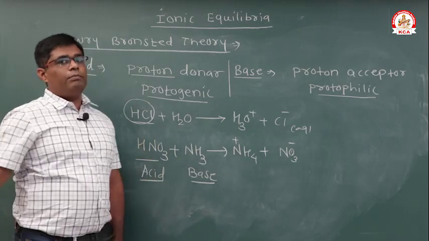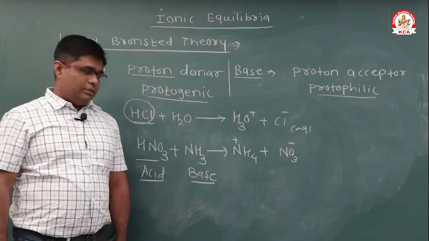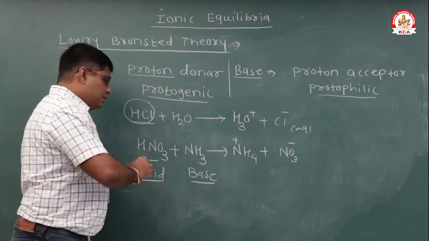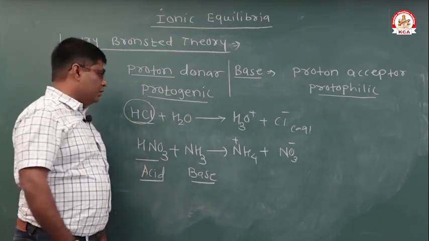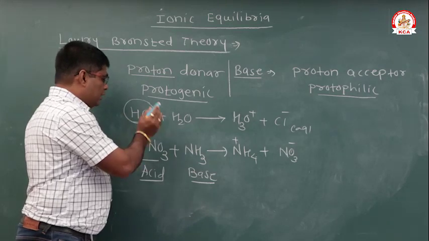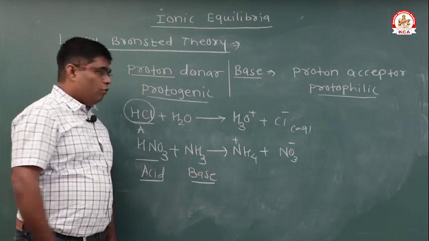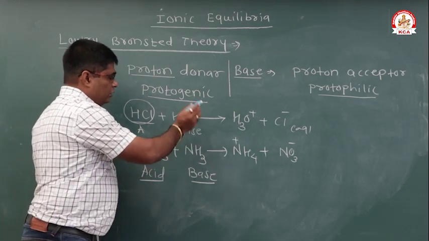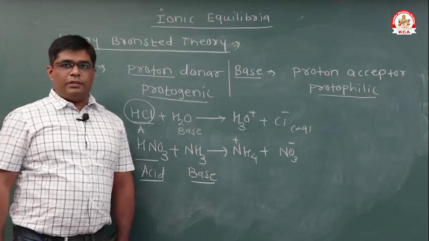This is the Lowry-Brønsted acid and base. In this example, HCl donates the proton so it is the acid, and water accepts the proton so it is the base. So this is about the acid and base.